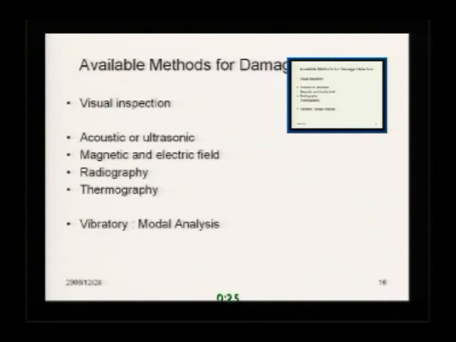The first one is visual inspection. This visual inspection is actually what is being practiced in the United States legally. Each state has a safety inspection team, and the team consists of people with a high school graduation degree.